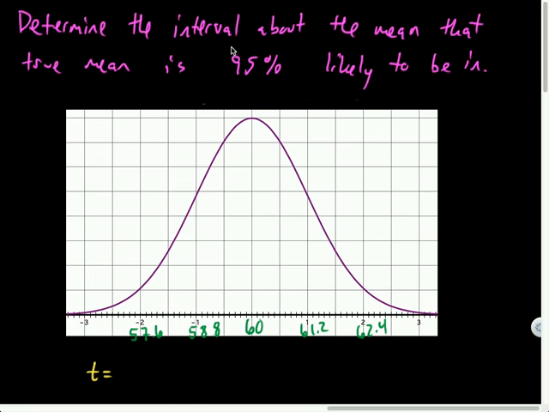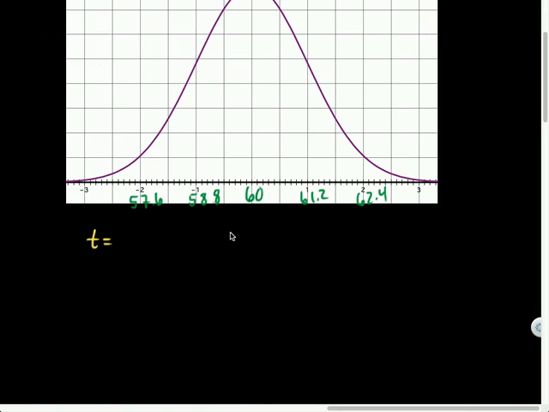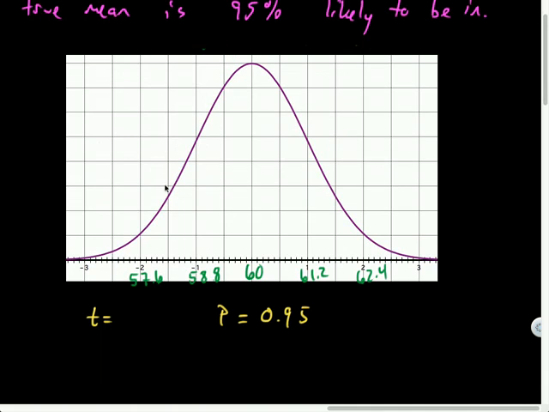I know I want to be 95% certain that the true mean is between those values, so p is going to equal 0.95. So I want to figure out what is the interval that the true mean is between, where I'm 95% certain that it's between those values.